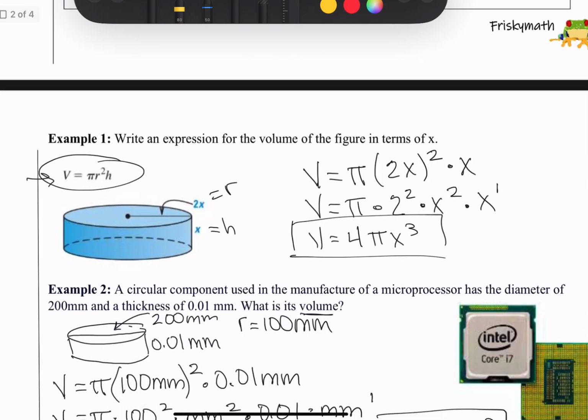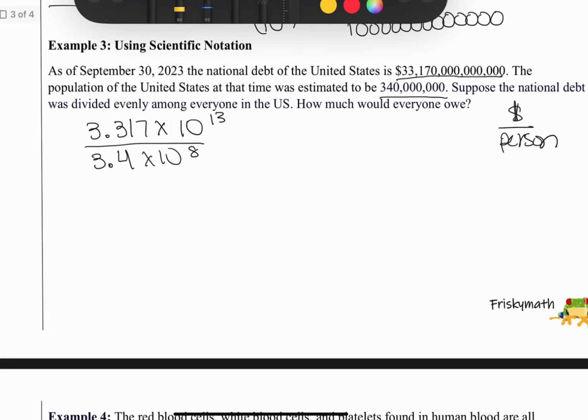So this becomes a nice easy problem, because 10 to the 13th divided by 10 to the 8th is just 10 to the 5th. So now what I'm going to have is 3.3 over 3.4 times 10 to the 5th power. Okay, or instead of using 10 to the 5th power over 1, I can really take that 10 to the 5th power and multiply it by the 3.3.